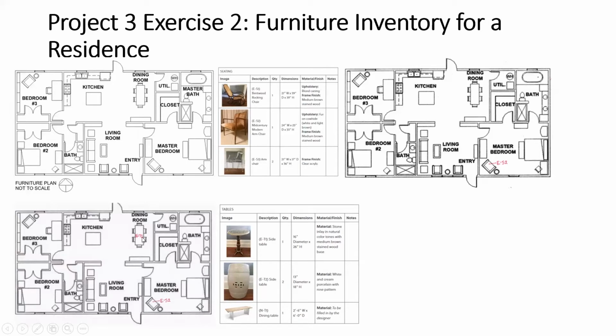You're now going to designate the new pieces of furniture. And the designations are exactly the same, except you're going to have N for new instead of E for existing, T for table, and 1. So we have ET1 because this is one of their existing tables. But now we have NT1, which is new table 1.